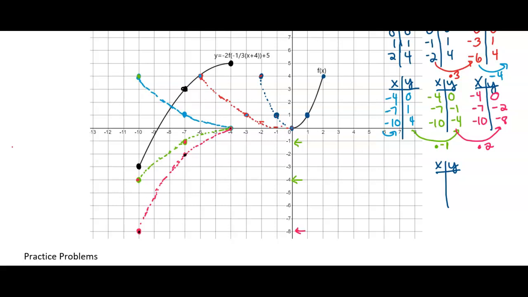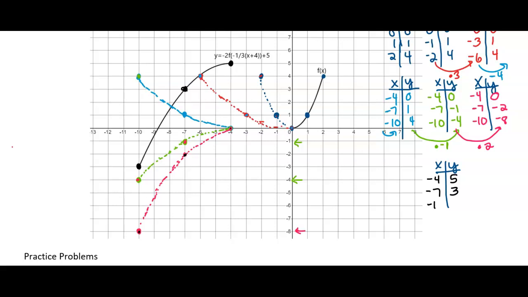On my table of values, what's happening is my x values did not change. So my point that was at negative 4, 0 still has an x value of negative 4, but now the y value is 5. And my point that had an x value of negative 7, I want to think of adding 5 to that negative 2, so now that's at 3.